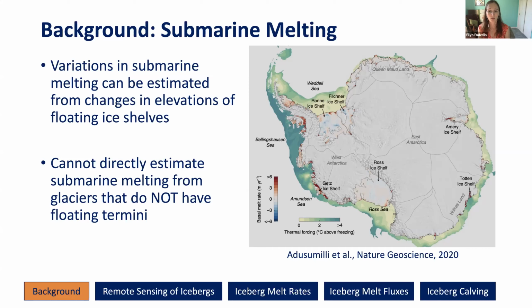And this is a really great data set that came out this year where they're actually doing that. It's over at least a 20-year time period, I believe at least 30 years. So there's a great time series now of these melt rates for Antarctic ice shelves. But the problem is, like I was saying before, we really don't have very many ice shelves left. So we can't look at submarine melting for these places using ice shelf elevation changes.